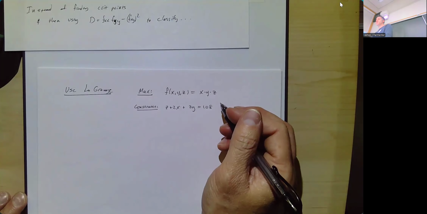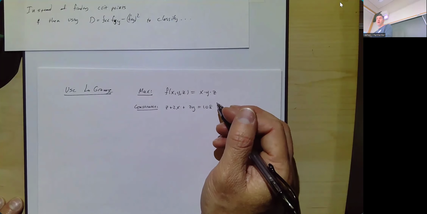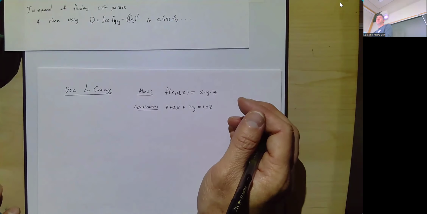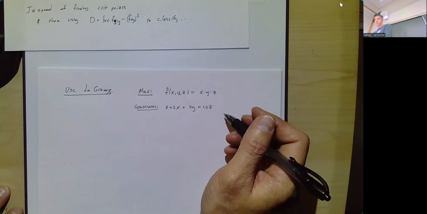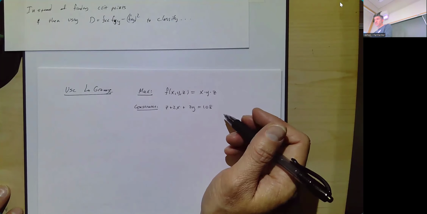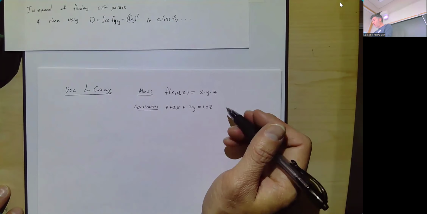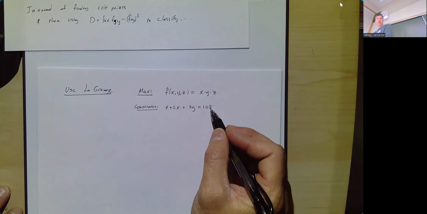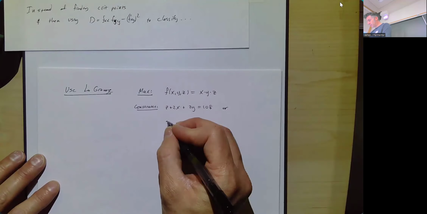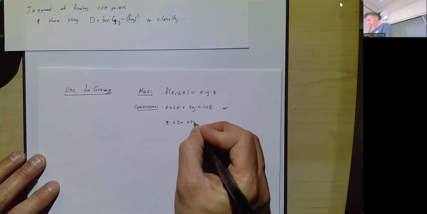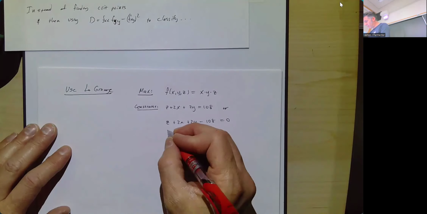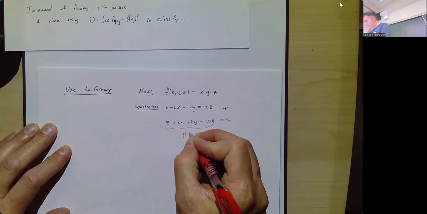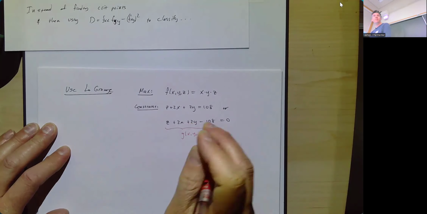I imagine when your teacher talked about this, he brought everything over to one side and had 0 on the other side, or made sure you have a constant on the other side, like 108. He might have said z plus 2x plus 2y minus 108 equals 0 and called this g of x, y, z.